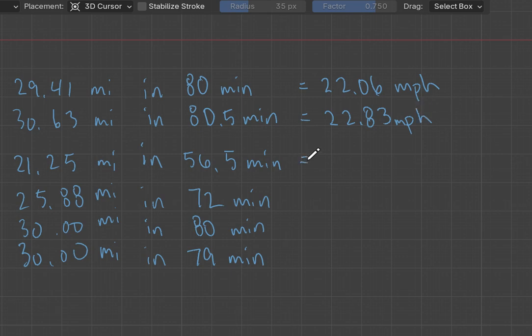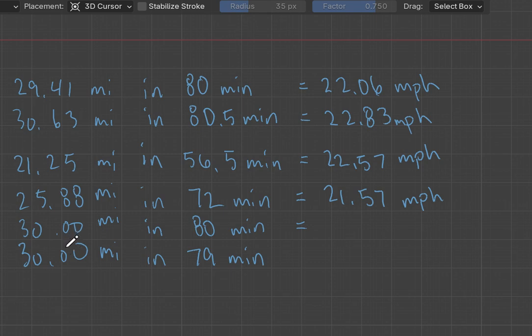And same thing, if I take 21.25 divided by 56.5 and then multiply by 60, you get 22.57 miles per hour. 25.88 divided by 72 times 60 gives me 21.57 miles per hour.